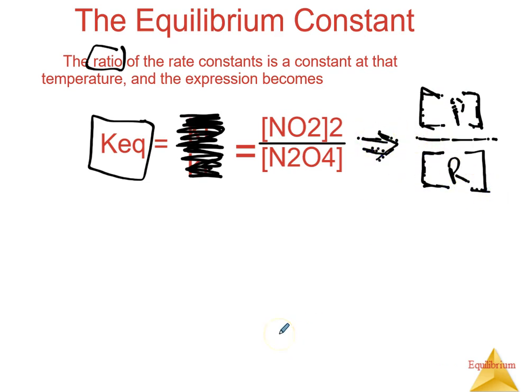It's just for this particular reaction, but it works just fine. When we find this ratio of your rate of forward and reverse, we end up with your concentration of products divided by your reactants. This is really the only part you have to remember: which one goes on top and which goes on the bottom. The products will always go on top.